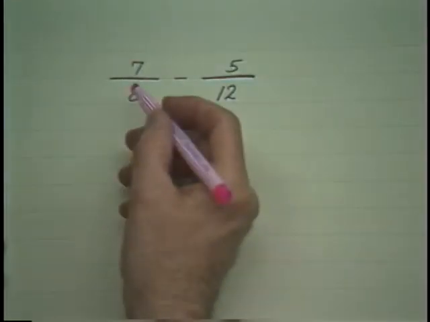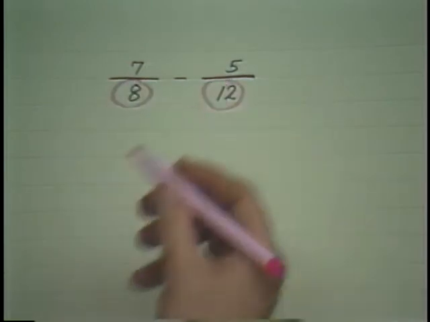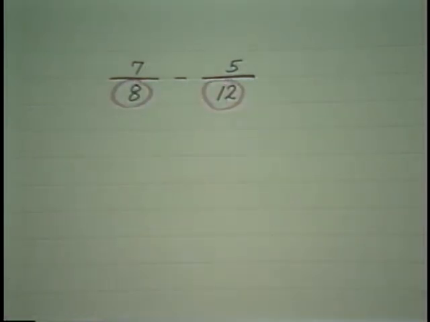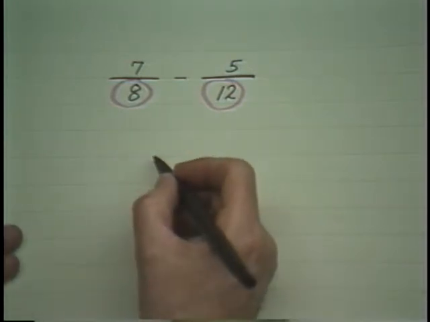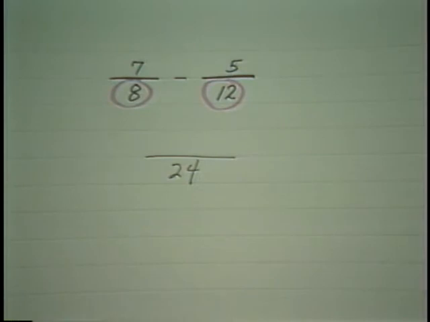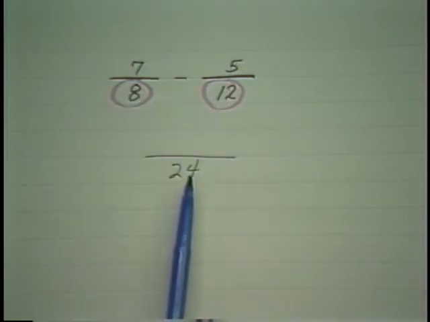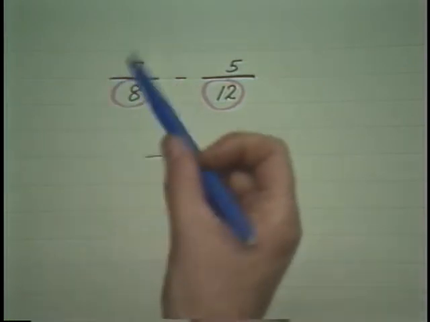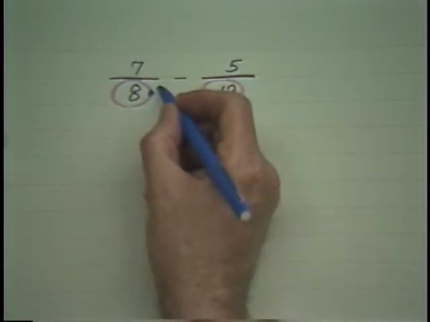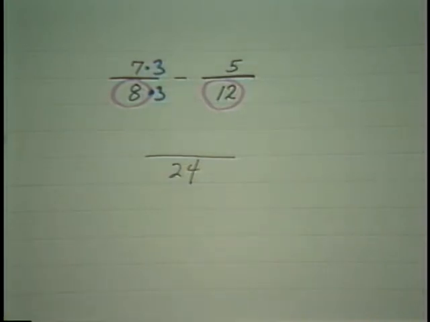First, the common denominator. What's the lowest number that each of these two will divide into? And it appears to be 24. Then we build each of these to be 24. So by multiplying 8 by 3, I would get 24. But then I must multiply the top also by 3.